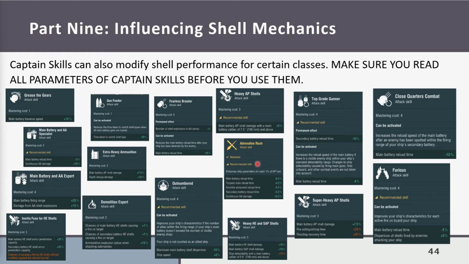So be careful with that. You have super heavy AP shells here for battleships. This will increase the damage by 7.5%, but the fire extinguishing and flooding recovery time goes up by 25%. So be careful. You'll be more of a hazard to DOT damage. So once again, make sure you read what you're doing.